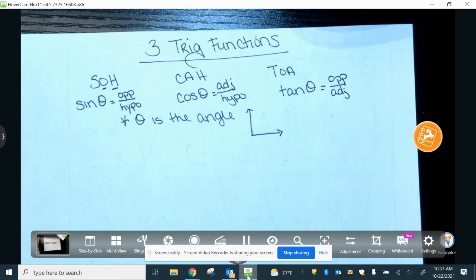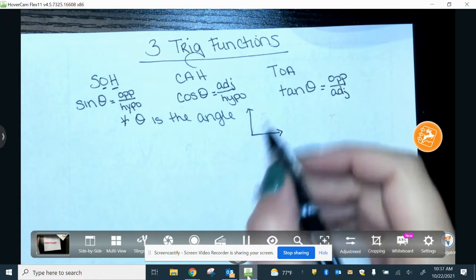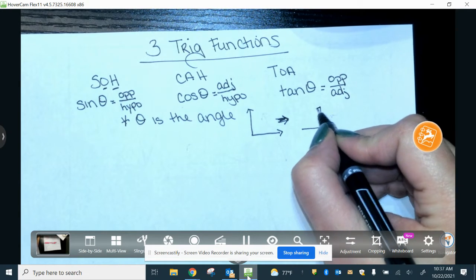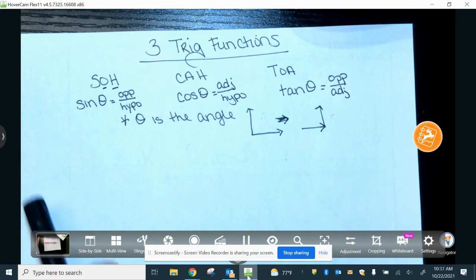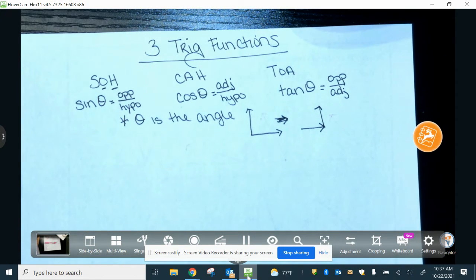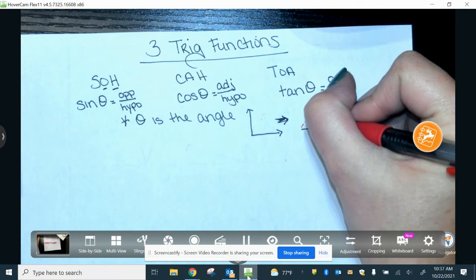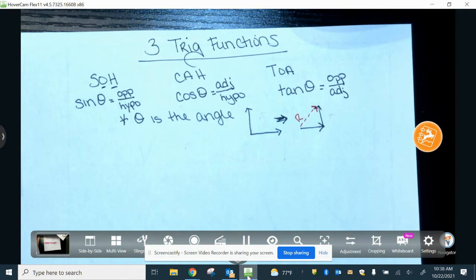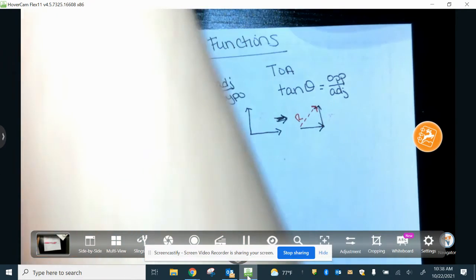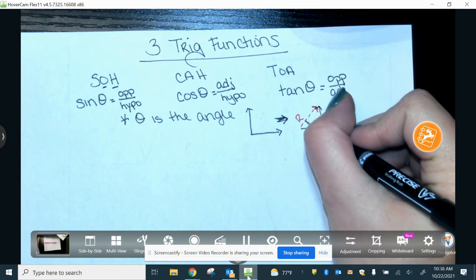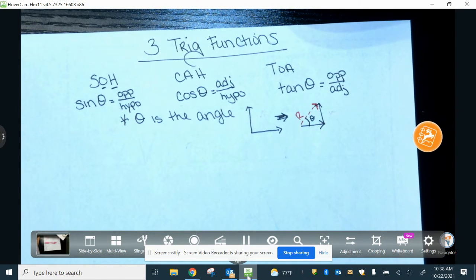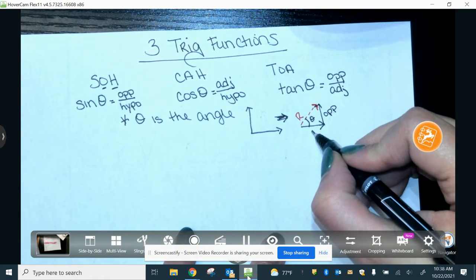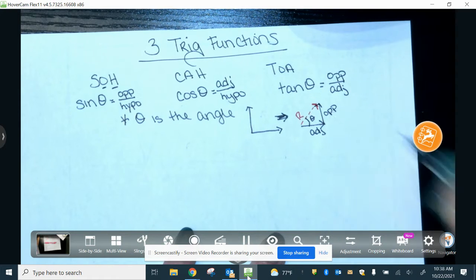So if you had something with vectors like this, we'd move those vectors around. So it looks like that. Your resultant, or your hypotenuse, is there. And theta would be right there, which would make this one your opposite and that one your adjacent.